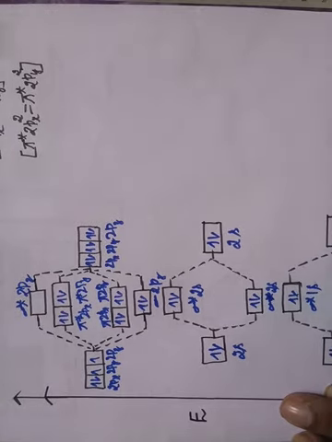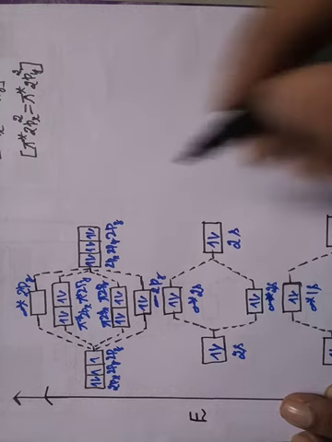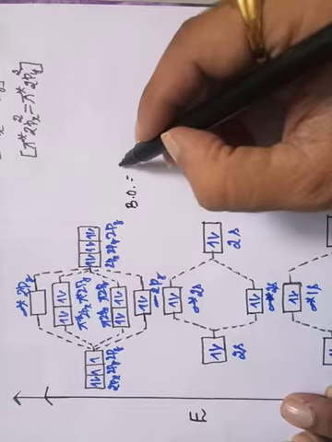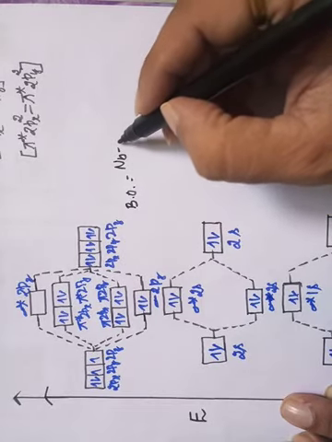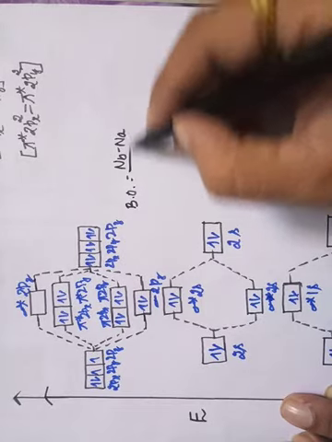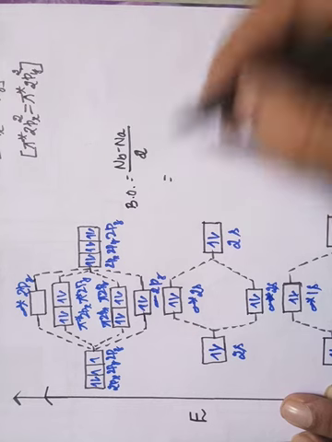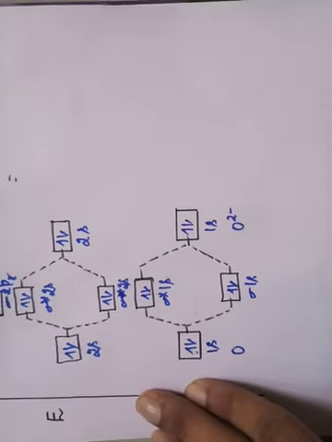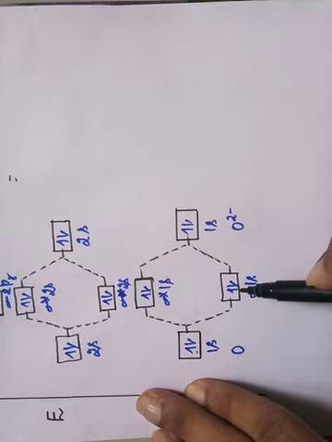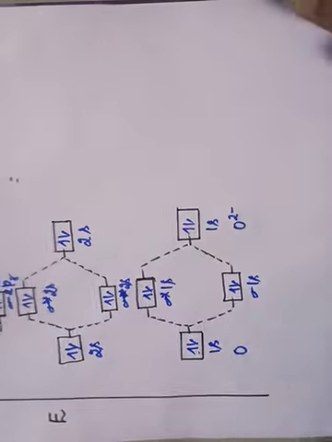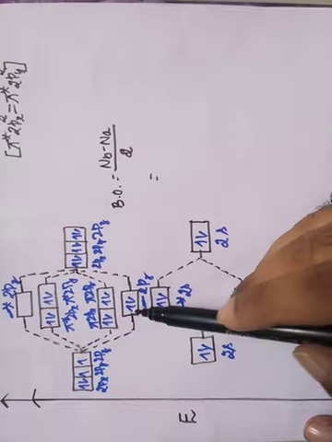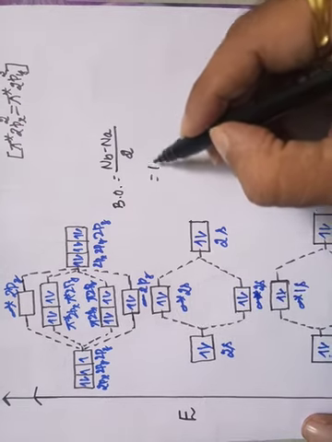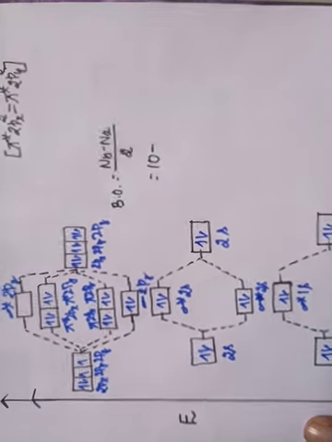Okay, so next let us calculate its bond order. We know that the bond order is given by Nb minus Na divided by 2. Nb is the number of electrons in the bonding molecular orbitals. So here we have 2 plus 2, 4, 5, 6, 7, 8, 9, 10. So 10 electrons in the bonding molecular orbitals.